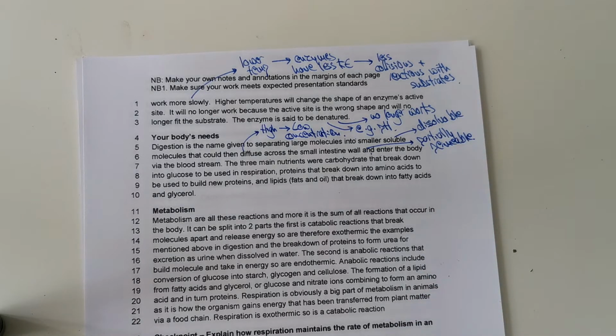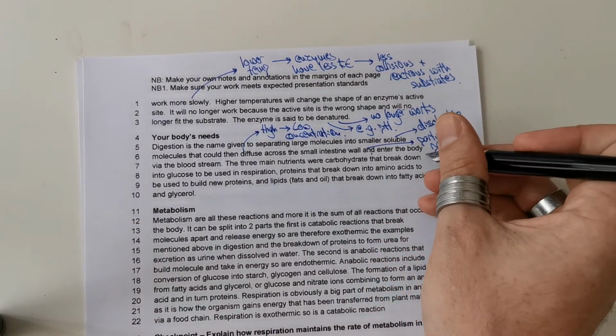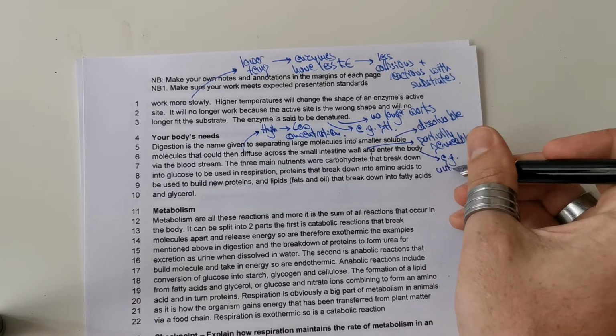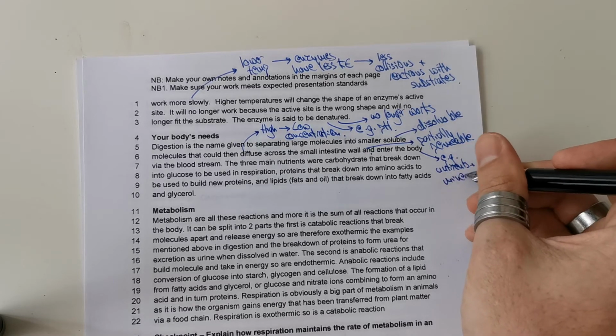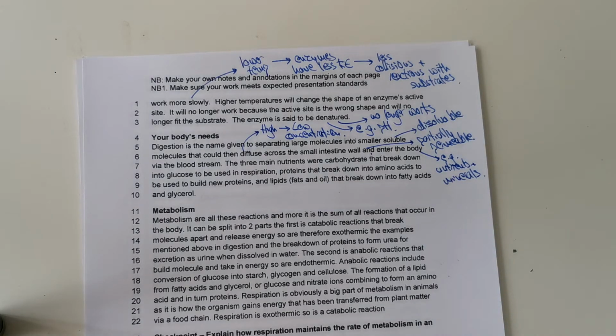Now, this allows nutrients and minerals to enter the body. Three main nutrients were carbohydrates that break down into glucose to be used in respiration, proteins that break down into amino acids to be used to build new proteins, and lipids that break down into fatty acids and glycerol.